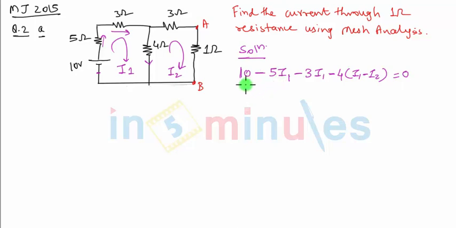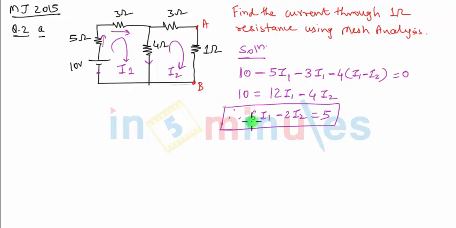If we simplify this, I'll keep 10 on one side, and minus 5, minus 3 and minus 4 on the other side will become 8 plus 4, 12 I1, and on the other side minus 4 I2. So finally I can divide throughout by 2 and my equation will become 6 I1 minus 2 I2 equal to 5. So that's my first equation between I1 and I2.